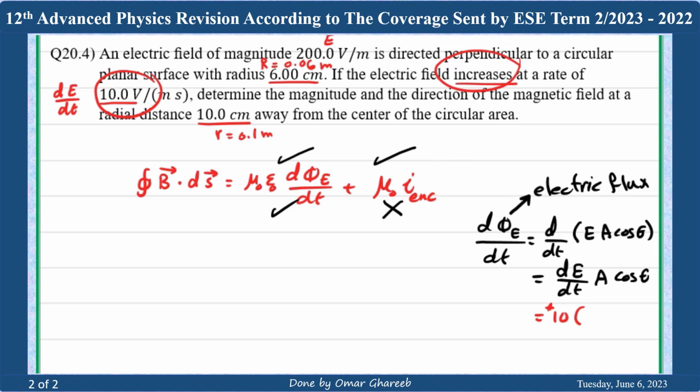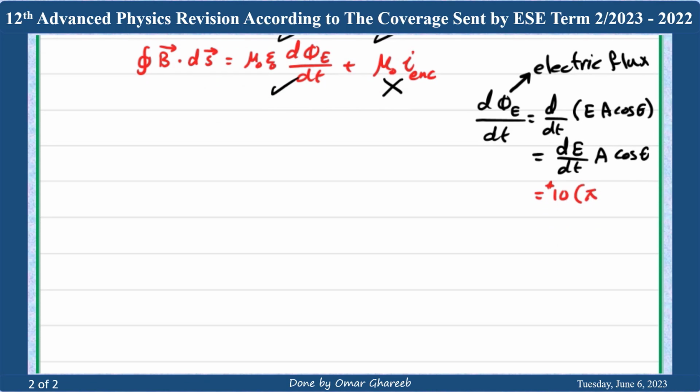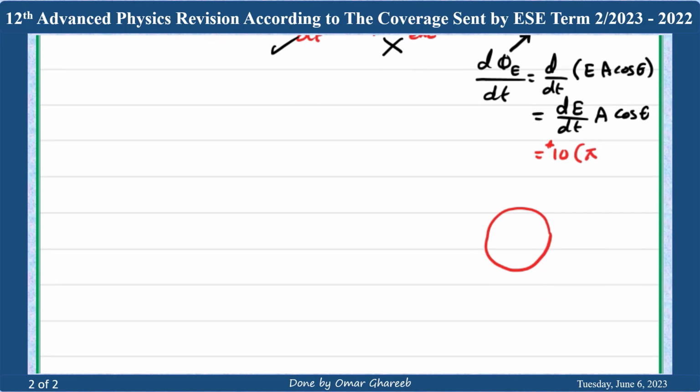Which r? Is it this or that? The 6 centimeters is the radius of the capacitor, and the radius of 10 centimeters is for the path around it.